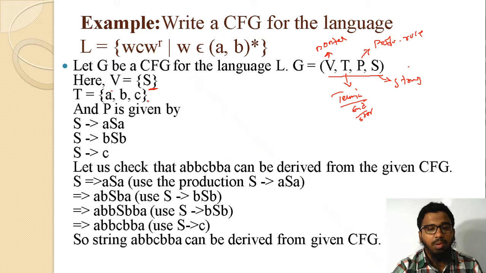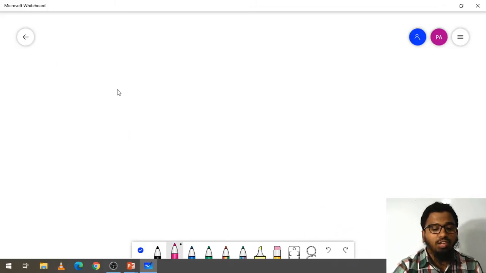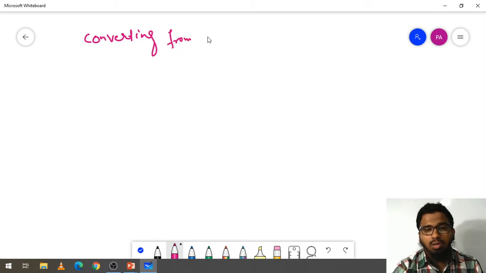T is terminals, and here the example is there, but before going to this I will give you some examples of converting from CFL to CFG, context free language to context free grammar.